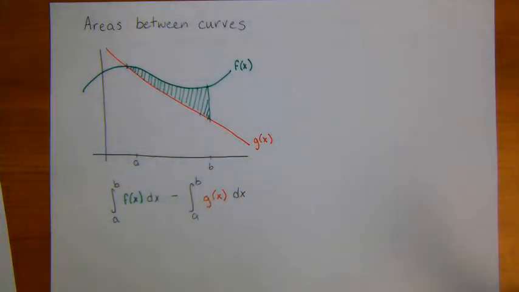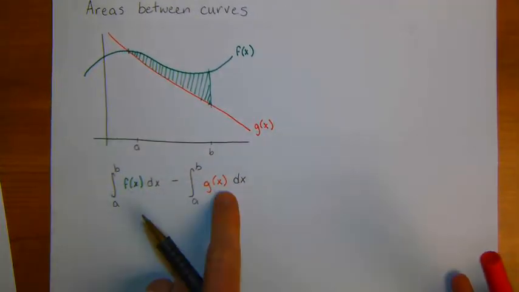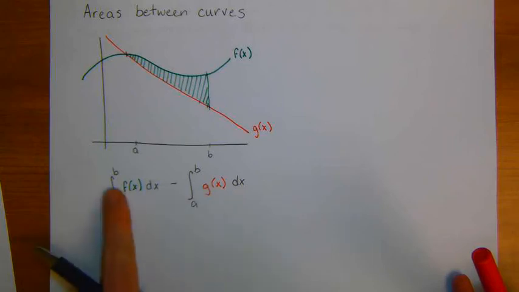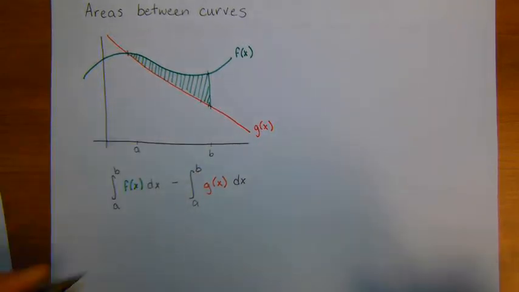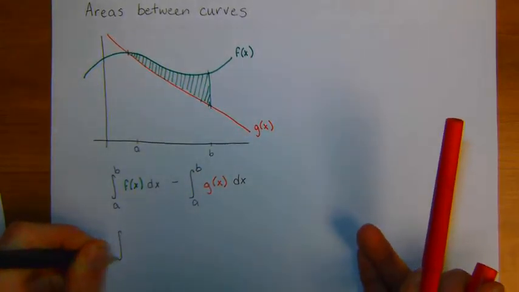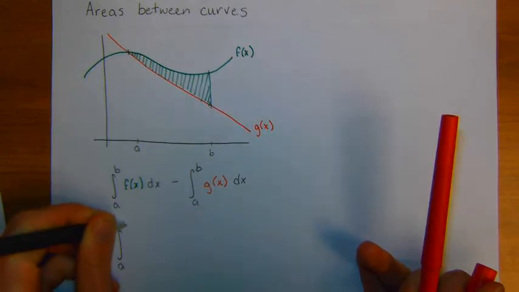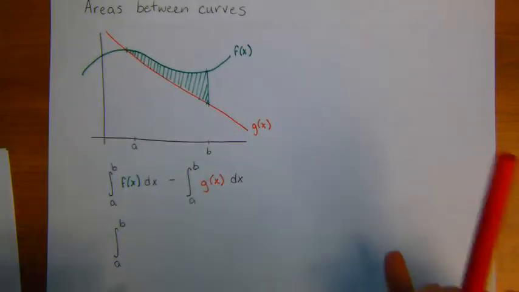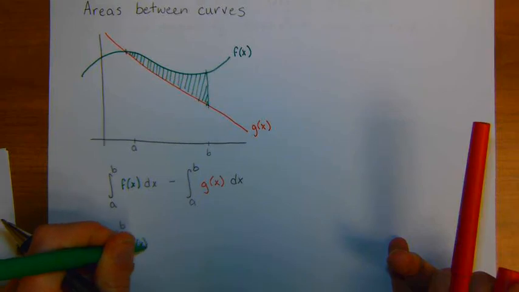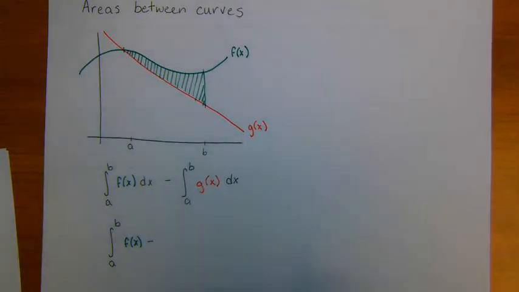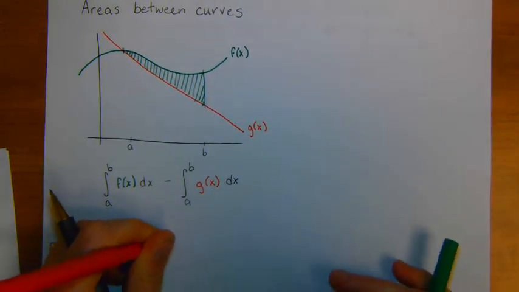And using some of our properties of integration, we know that the difference of two integrals can be combined to be the integral of the difference of the two functions, or in this case, the integral from a to b of f of x minus g of x dx.